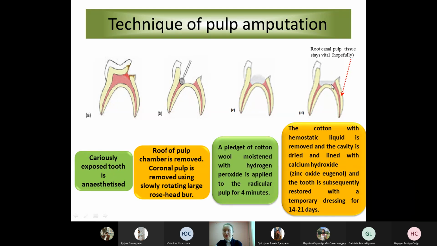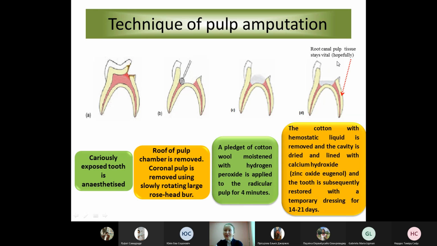After the cotton ball with antiseptic or hemostatic liquid is removed, the tooth cavity should be dried, and above the remnants of the pulp tissue calcium hydroxide material should be placed. Above it should be placed a cotton ball and then a temporary dressing with dentine paste or water dentine.